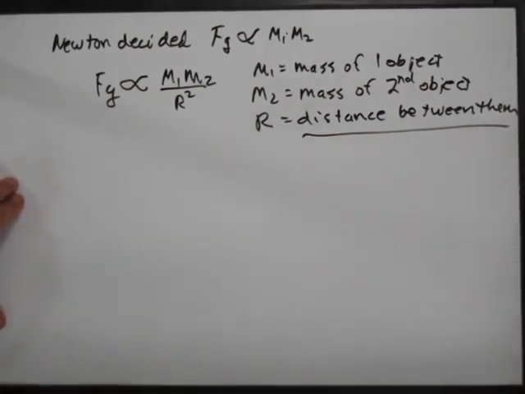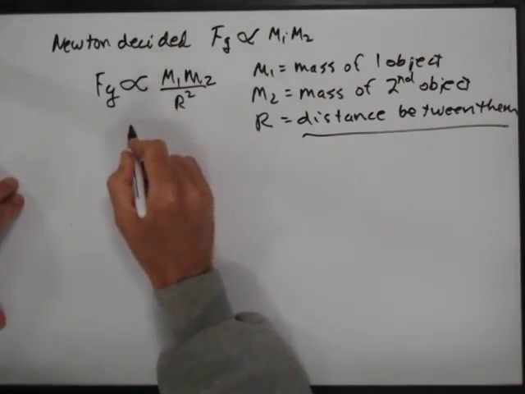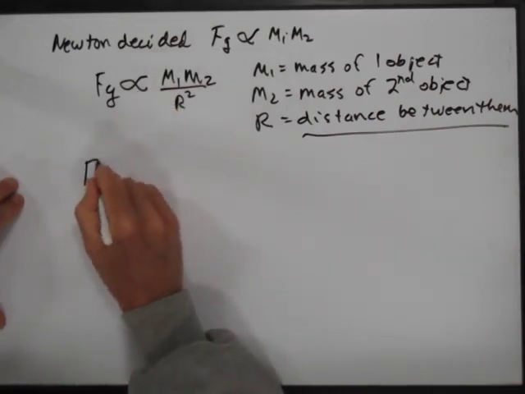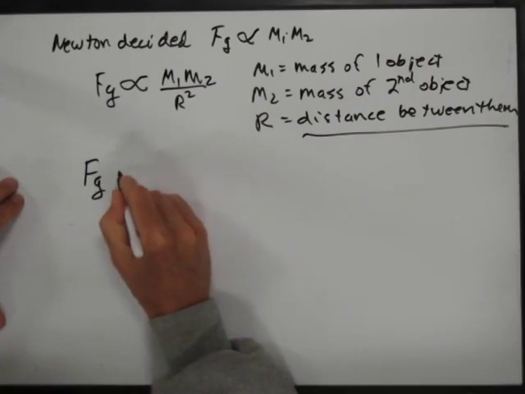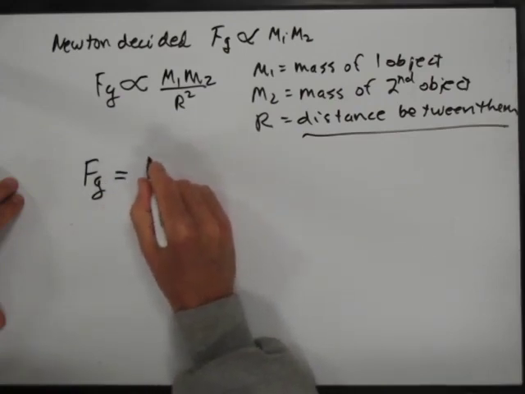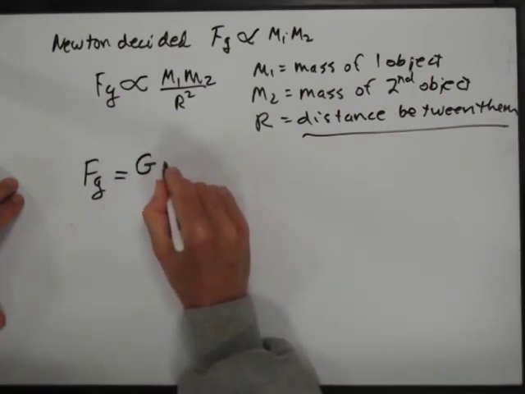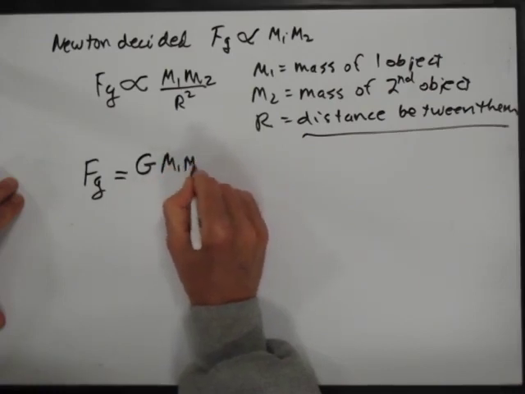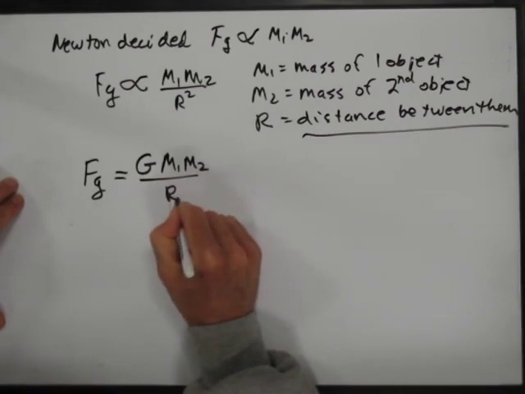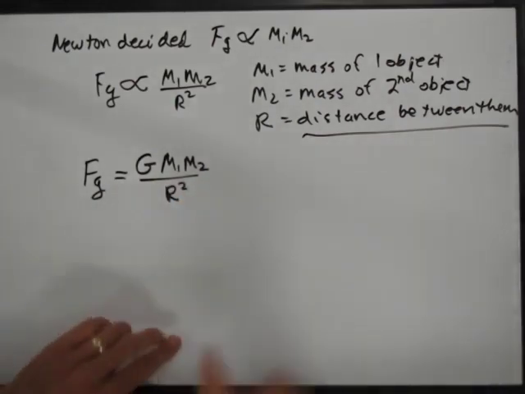So any direct proportionality can be made into an equal sign by just inserting an arbitrary constant. And so Newton called the constant capital G, and he said the force of gravity is equal to G times m1 times m2 over the distance between the two objects squared.